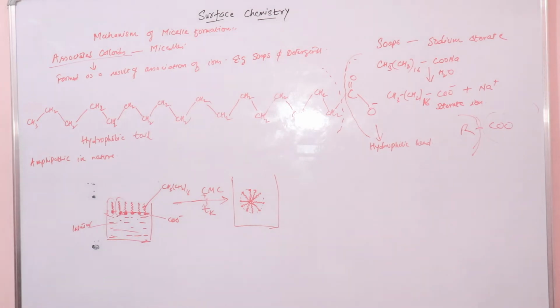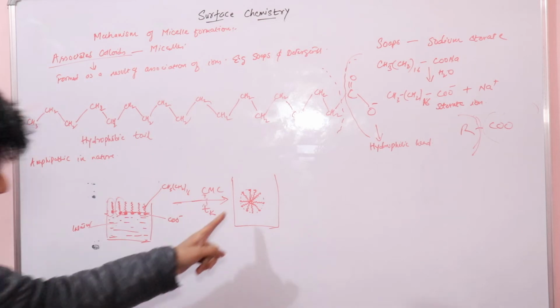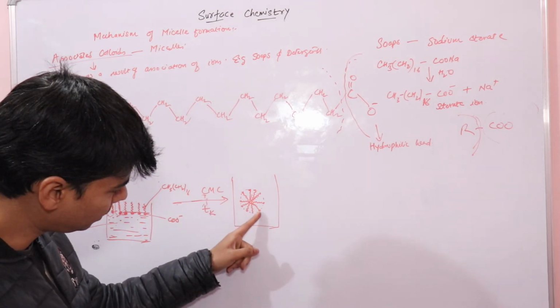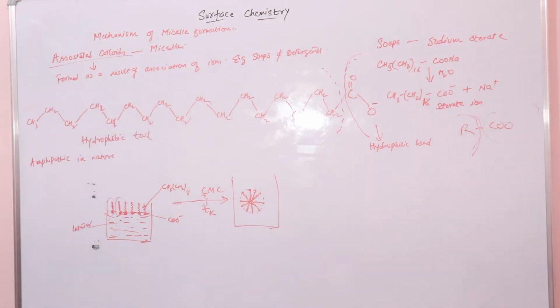So at higher concentration, the RCOO minus or the stearate ions form an aggregate of spherical shape with their hydrocarbon chains pointing towards the center, and the hydrophilic head, the COO part, outwards on the surface.